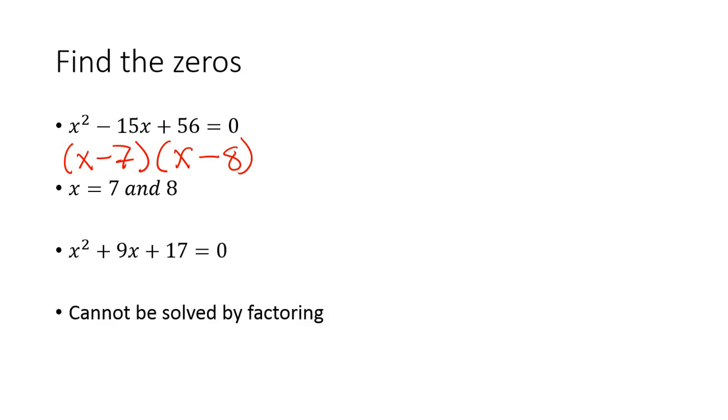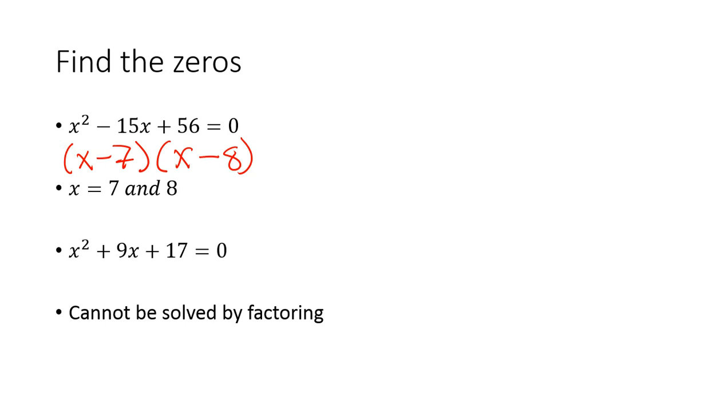Now the second one, if you tried to factor it, you would see that you weren't able to. If you're unable to factor it by hand, then you cannot solve it at the moment by factoring. In a few sections, we will be able to solve all these equations, as there are formulas to help you find them.